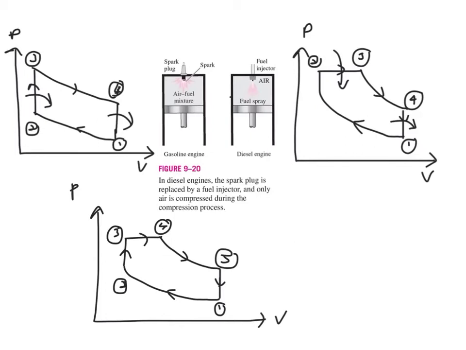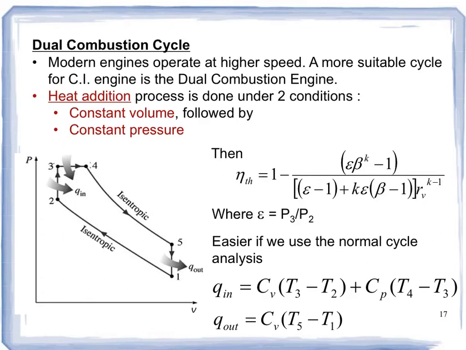But when you have a dual cycle over here, now your heat addition will be at constant volume and also at constant pressure. Now that we have a dual combustion engine cycle, which is operating at higher speed, because you have two times heat addition over here. One is at constant volume and the other one is at constant pressure.